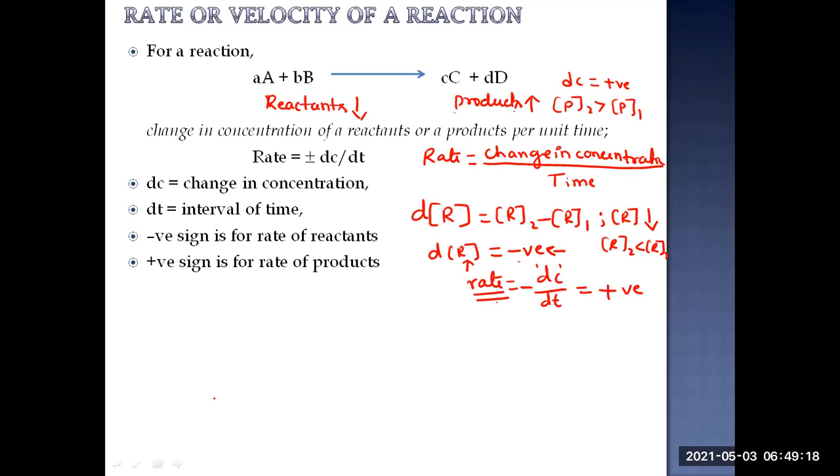Hence, the rate calculated also becomes negative. A negative rate has no meaning. Hence, the mathematical rate expression for reactants is given a negative sign, so that the rate calculated remains positive. Whereas for products, the change in concentration dc is positive. No need to be negative. Is that okay? Hope it is understood. Shall I proceed now?